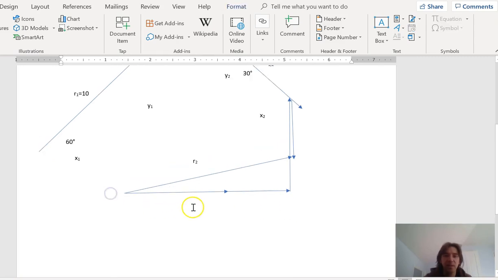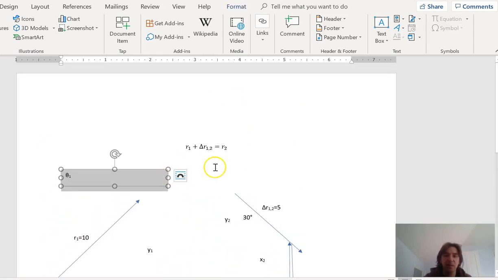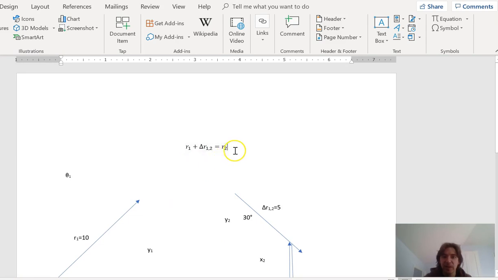So while we can't use a simple math equation, this, remember, has to be a vector equation. But if we treat it as two equations, one for the x component and one for the y component, then these do work in that simple way mathematically.